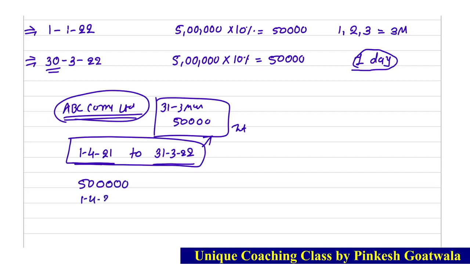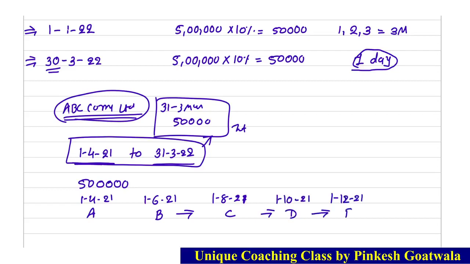Suppose on 1st April 21 A purchased, then on 1/6/21 he sold to B, on 1/8/21 B sold to C, on 1/10/21 C sold to D, and on 1/11/21 D sold to E.